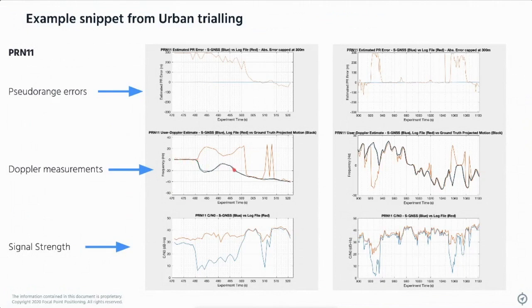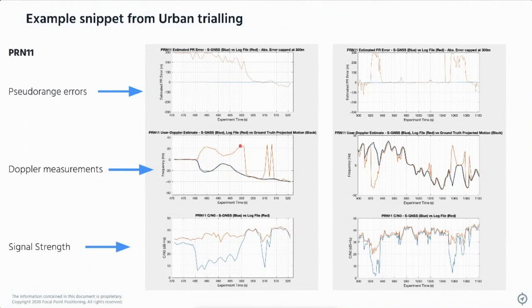The black line you can just about see here is the truth. So the black line is showing what the Doppler shift to this particular satellite should have been based on when we used the accelerator and the brake and which way we were pointing in London and all of that sort of thing. The blue line that you can see just about beautifully following the black line is the supercorrelator estimate of the Doppler. And as you can see, it's correct. It's following the true black line.